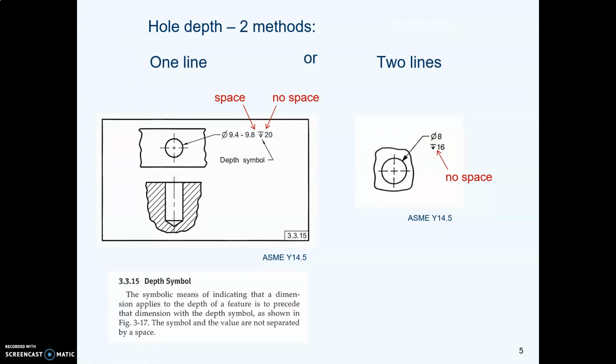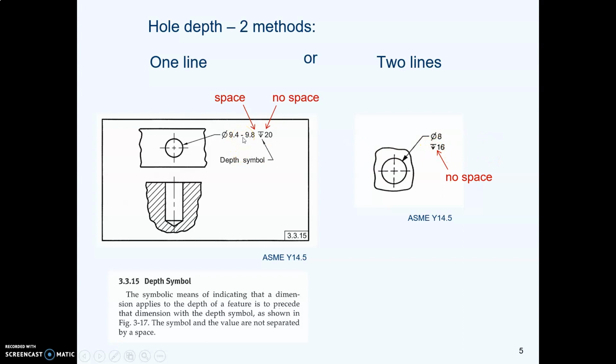If you're going to use that depth symbol, there are two ways you can do it. You can write the diameter and the depth all on one line, or you can write the diameter on one line and the depth on the second line.